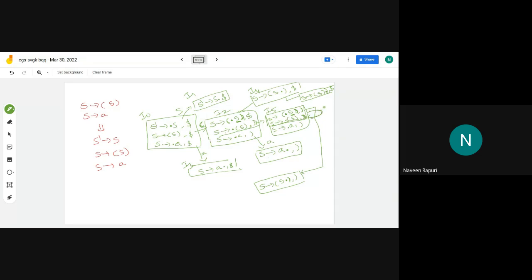When it is on open parenthesis, when it is on capital S, when it is on small a, I am moving to this one, sir. This is I6. And now this is I7 and I8, sir.